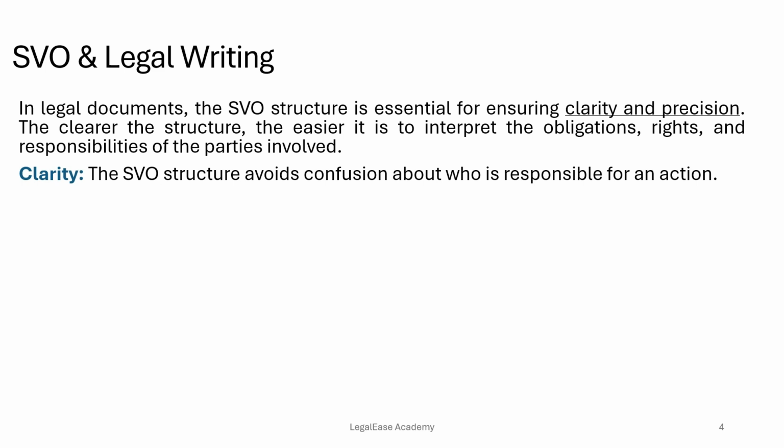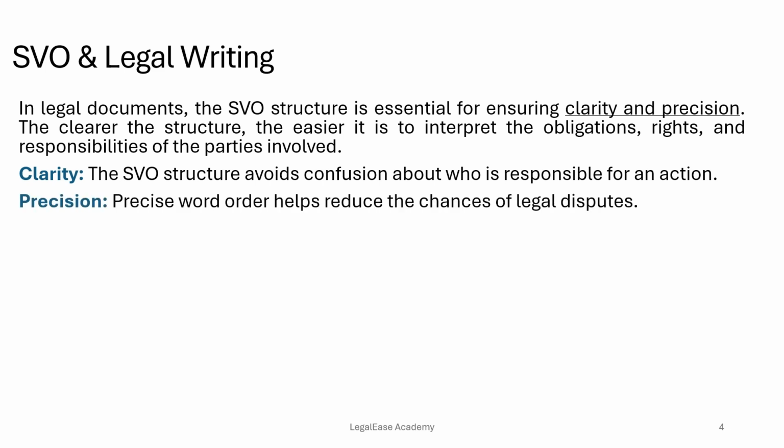So clarity, the subject-verb-object structure avoids any confusion about who is responsible for an action, and precision, so precise words will help to reduce the chances of legal disputes, and this is something we will look at in future videos on this channel, how legalese, legal terminology, if you do not use specific words and specific vocabulary, it can lead to legal problems as well as comprehension problems.